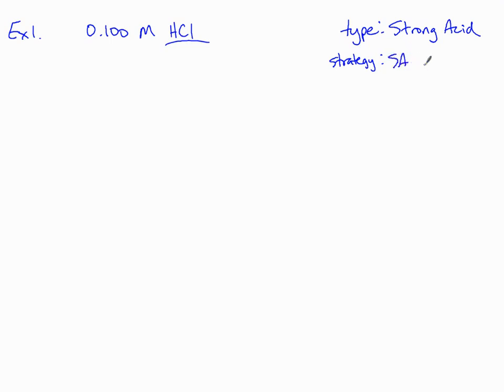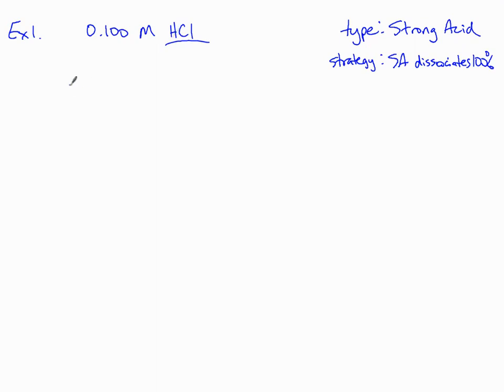A strong acid dissociates 100%. So every hydrogen in this compound, all of the hydrogens are going to be hydrogen ions, and all of the chlorides are going to be chloride ions.